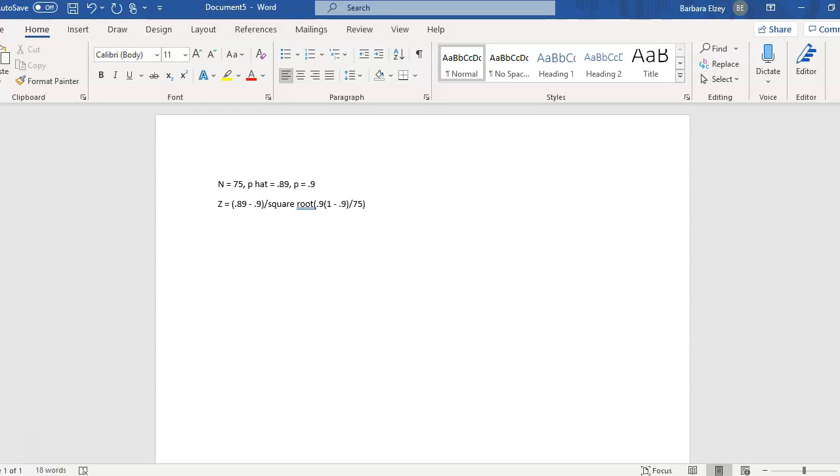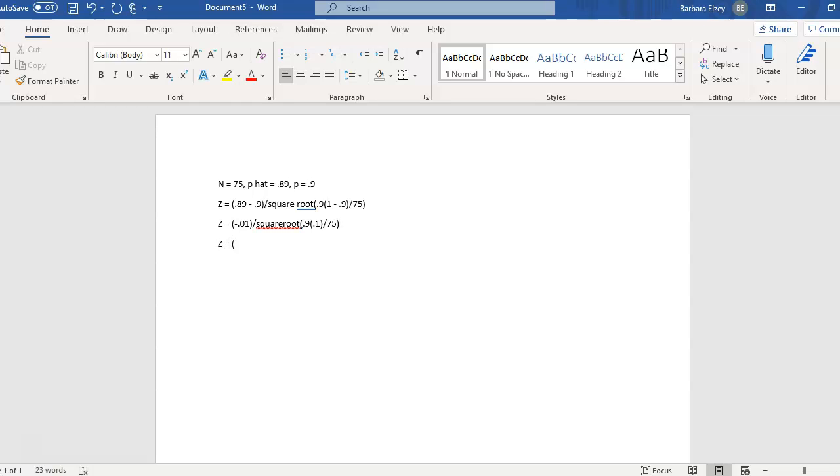All right, now let's work our way through this. So on top, this is going to give me negative 0.01. And then divided by square root 0.9. 1 minus 0.9 will be 0.1 over 75.